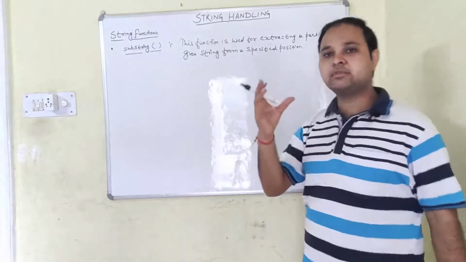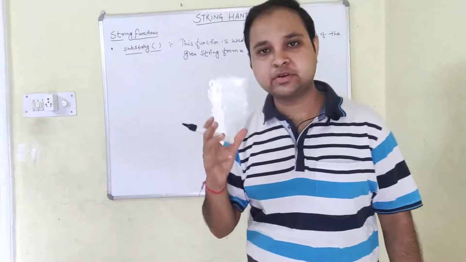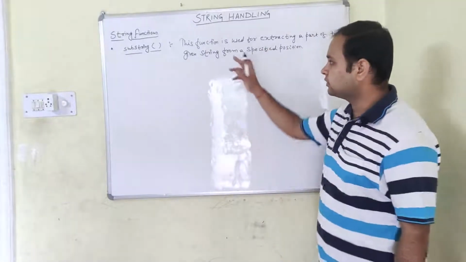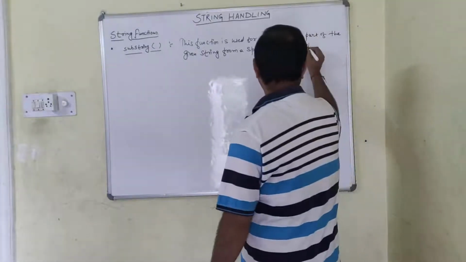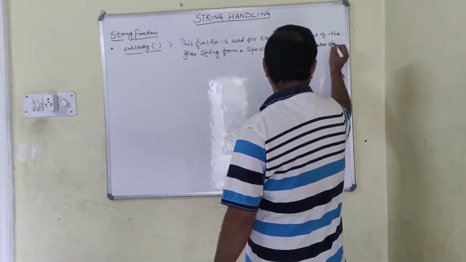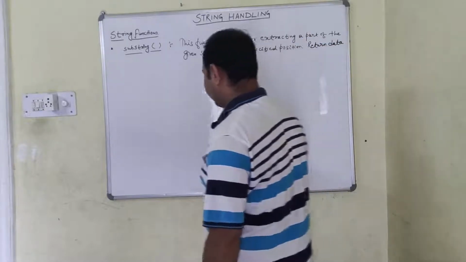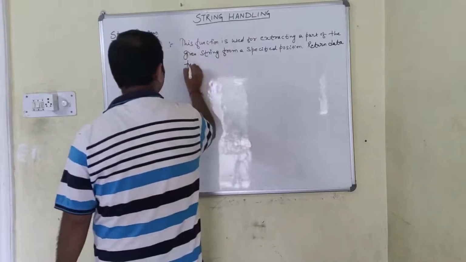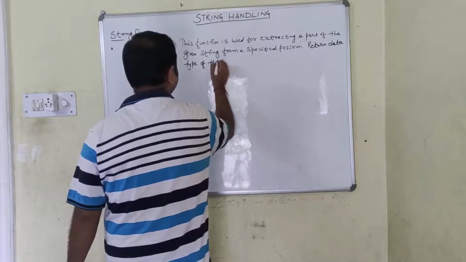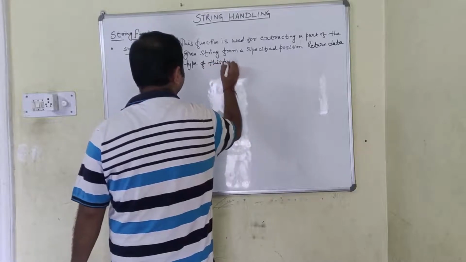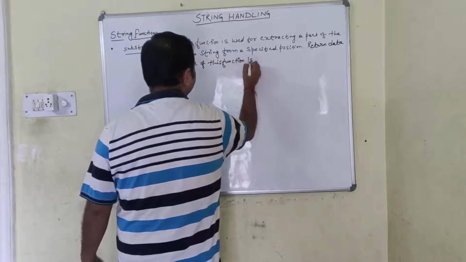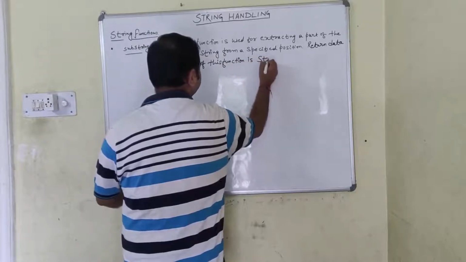Now the extracted material which we will get from that particular string will also be a string. So the return data type of this function is string.